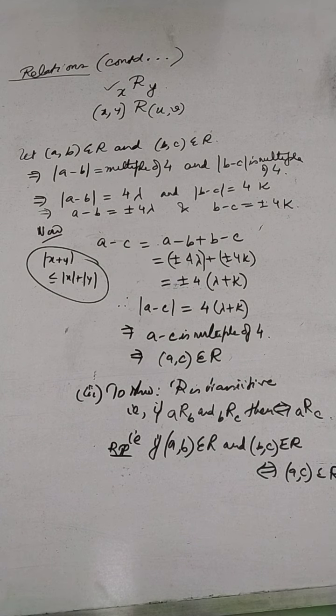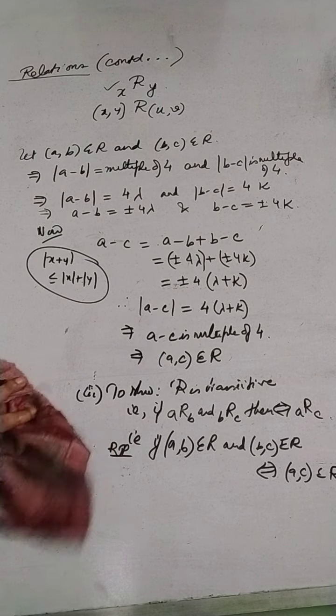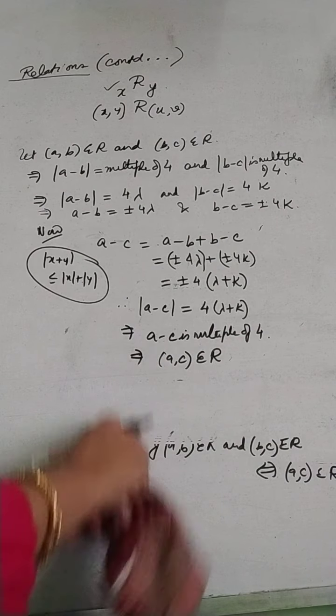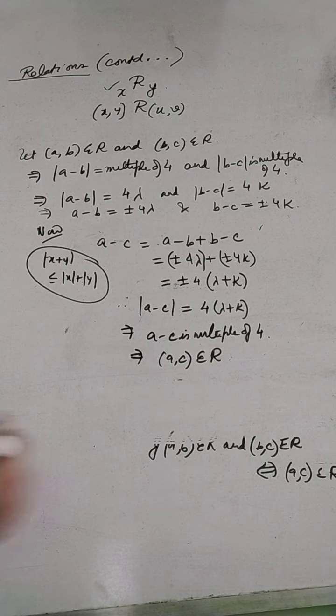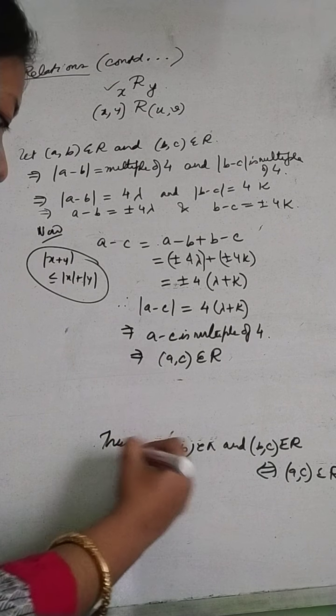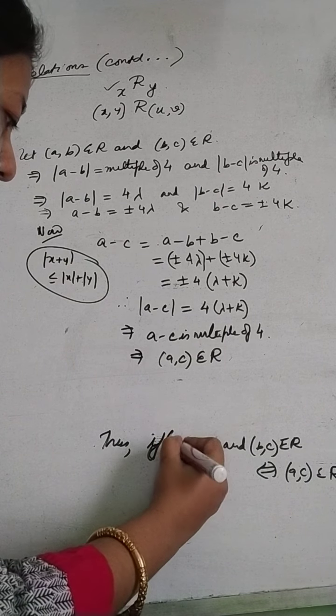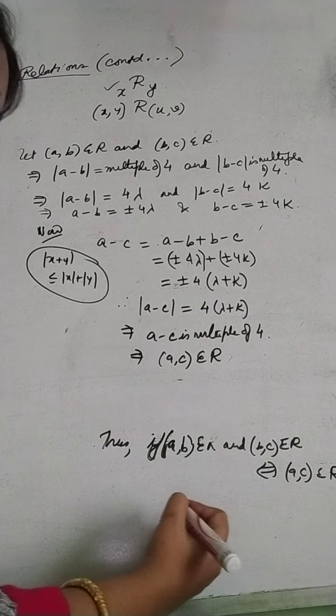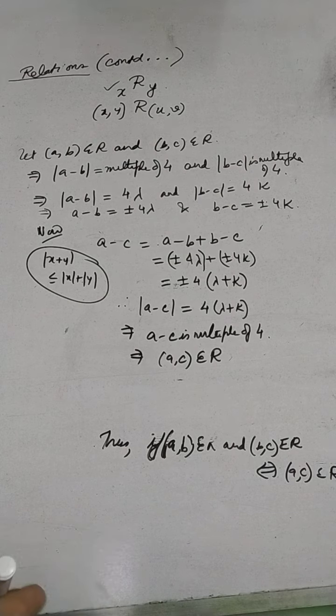Which conclusion will you write? This last line over here, I'm just rubbing out the rest. Thus, this will be your conclusion. Thus, if AB belongs to R and BC belongs to R, then it implies that AC also belongs to R.